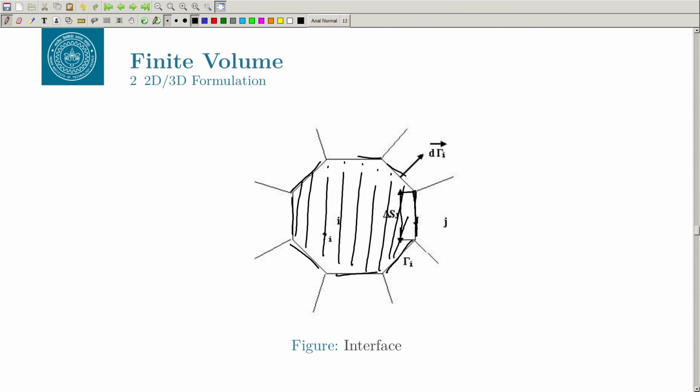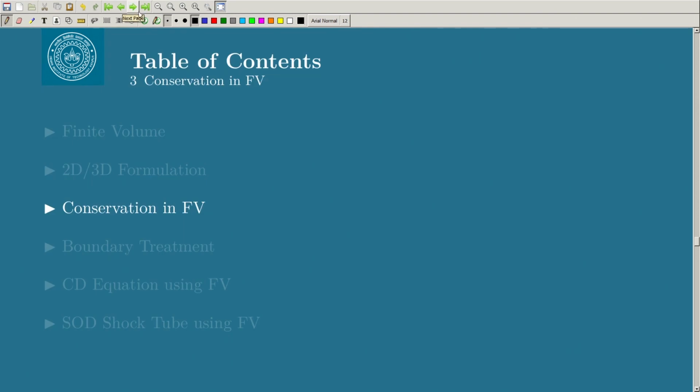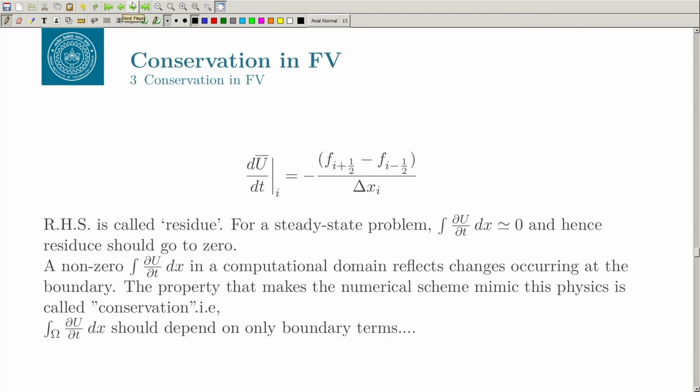So, you can use any kind of element, and you will basically be doing the same conservation that we have been doing. Because I talked about the conservation, let us talk about what conservation is and why it is important.